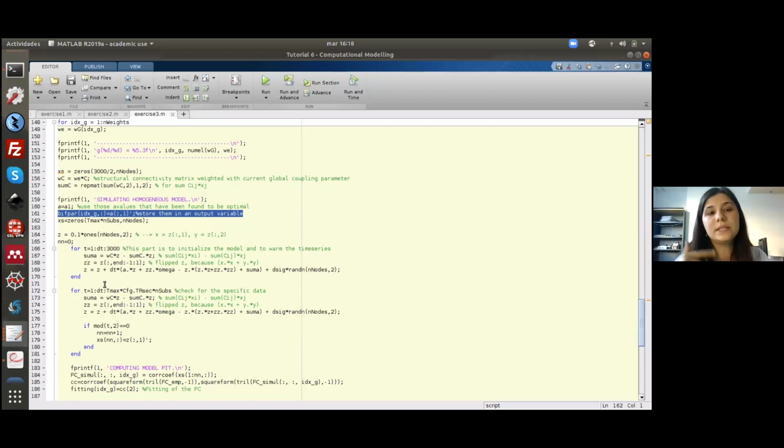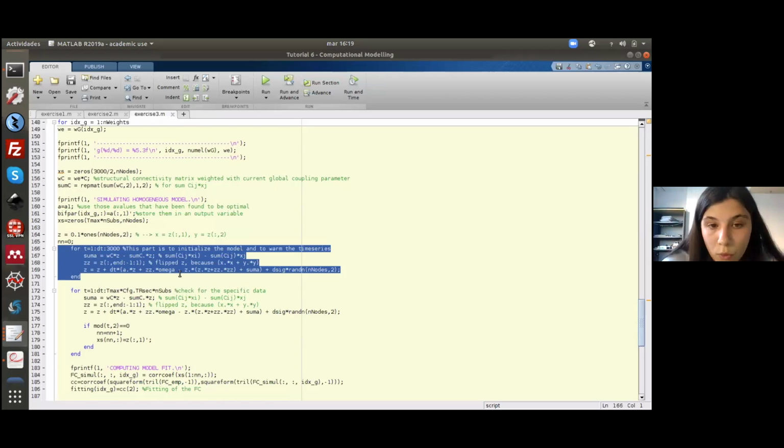So we are warming up the model, so the signals that we obtain have already stabilized, and the dynamics that we see are the ones that we want to simulate.